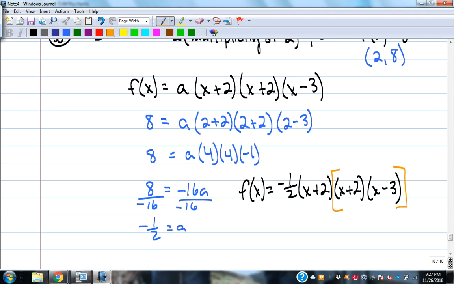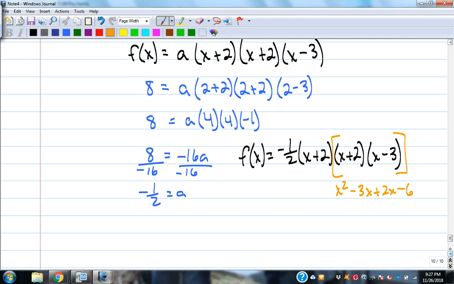Start with 2 of them. It doesn't matter which 2. Just pick 2. I'm picking those 2. Multiply them out. X squared minus 3x plus 2x minus 6. Simplify. X squared minus x minus 6 times x plus 2.